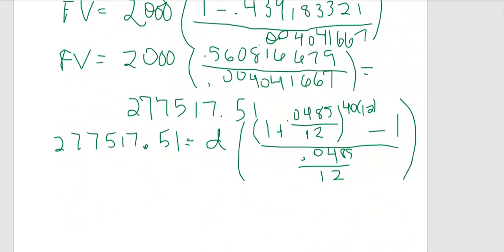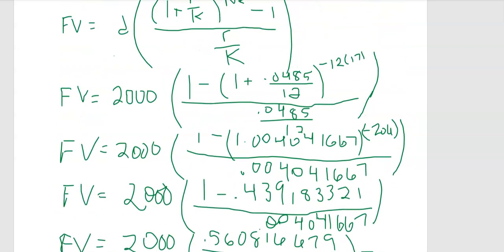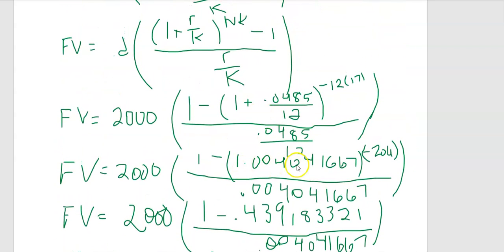All right, now, just like we did with the prior one, let's work this out. Now we can cheat just a tad here, and I'll show you what I mean. I'm going to leave this the same. All right, but 1 plus 0.0485 over 12, we've already done that computation up here, it was this decimal right here.